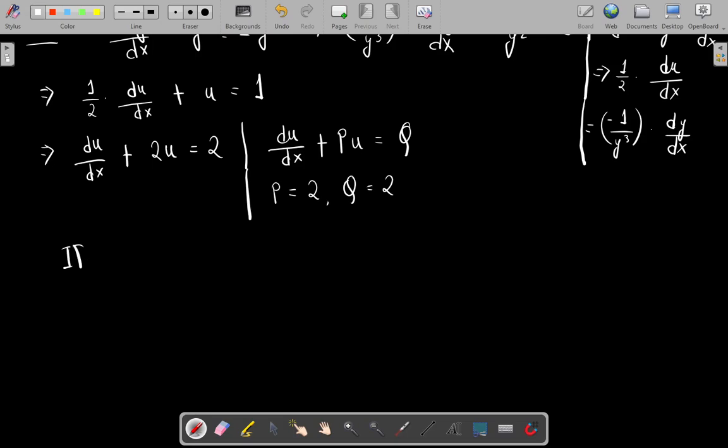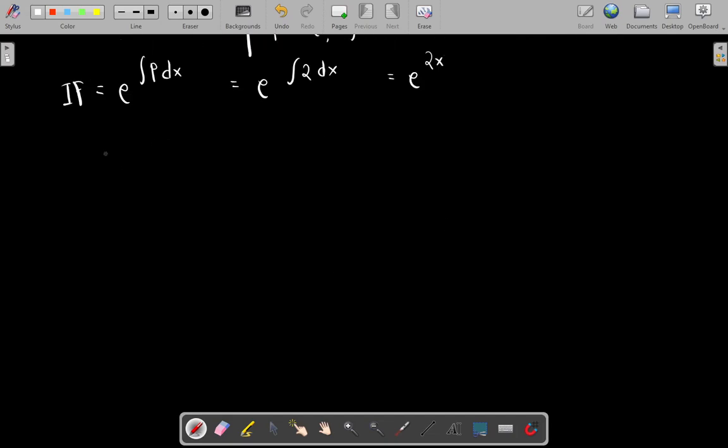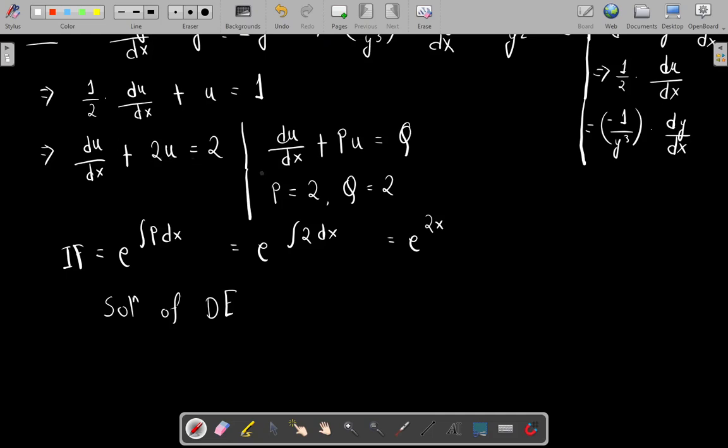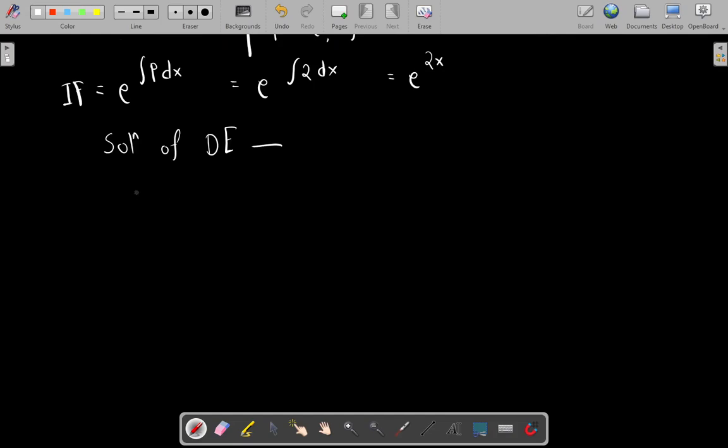So the integrating factor IF is given by e to the power integral of P dx, which is e raised to the power integral of 2 dx, which is nothing but e raised to the power 2x.